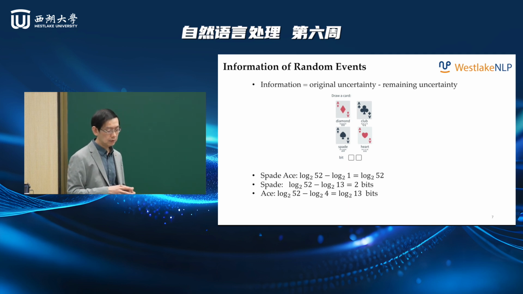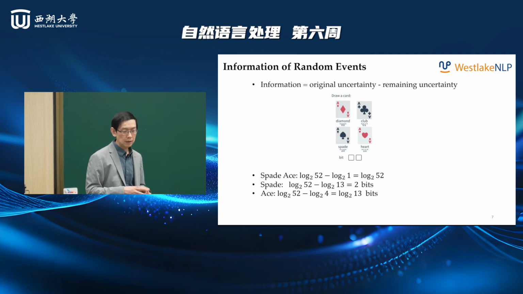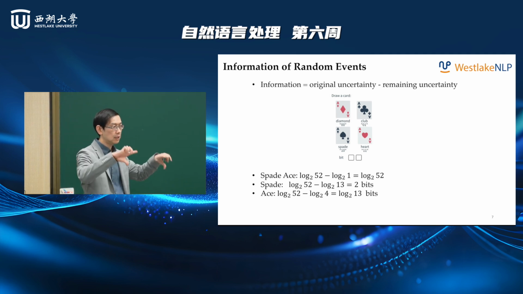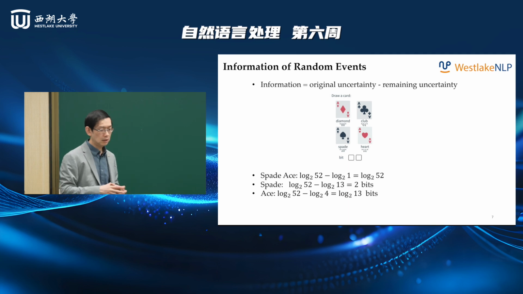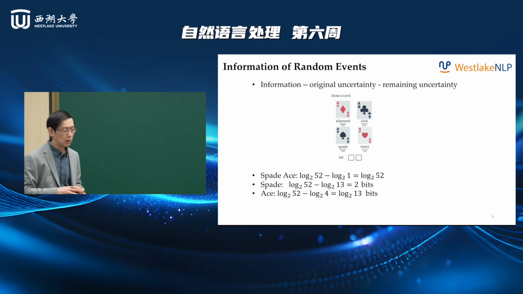So if I tell you I drew a spade ace, you know that there's no ambiguity left, right? So the information I tell you is log2 52. Okay, you need to take the ceiling, which is an integer, or you don't take the ceiling, which is a real number, minus log2 1, which is log2 52.